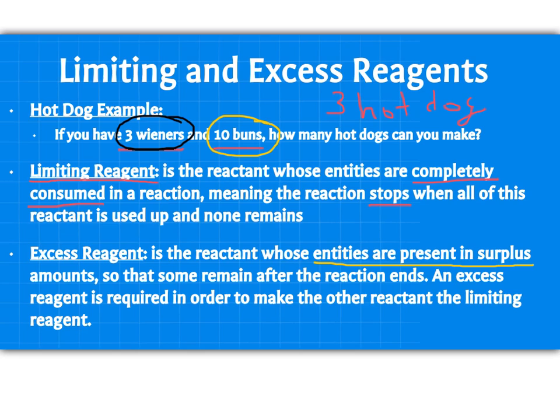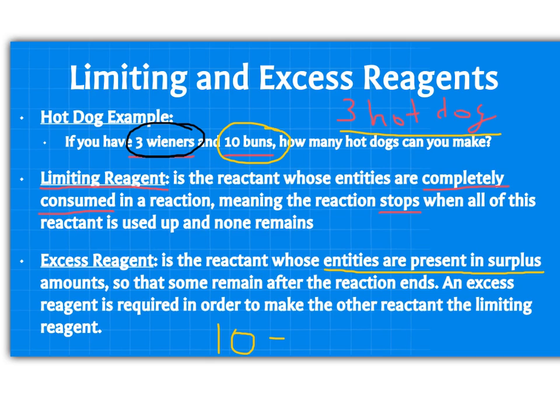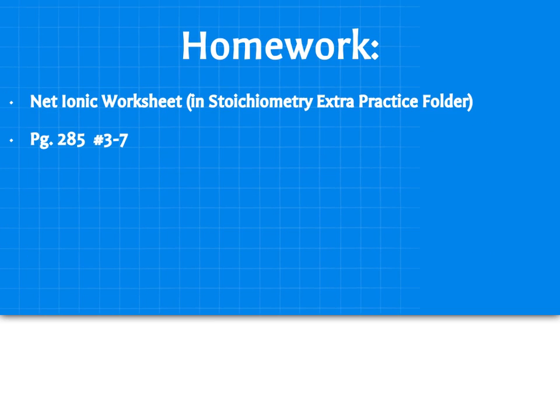I was able to use 3 of them because I made 3 hot dogs. So 10 is what I started with, and I was able to use 3 of them, which means I am going to end up left over with 7 buns in excess.